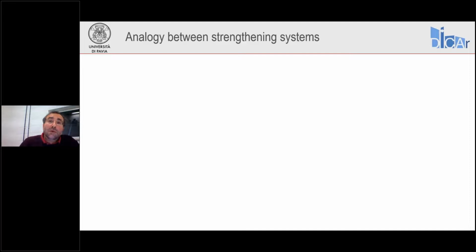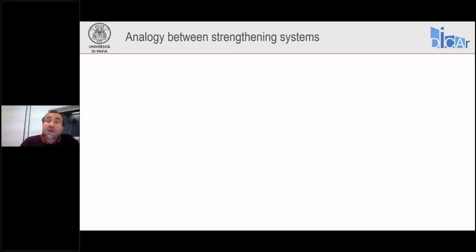We don't have at the moment design guidelines for CRM and for the timber system, but I will show you that these systems behave similarly to each other, and so we can take advantage of an analogy to find equivalent parameters for an equivalent FRCM system that will represent somehow either the CRM or the timber retrofit.